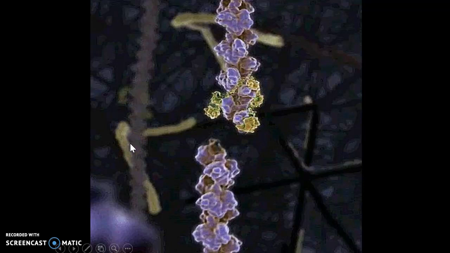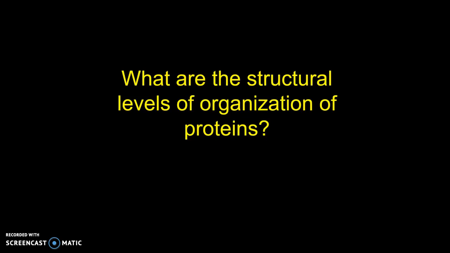So there are catalytic proteins. There are all kinds of different proteins, and pretty much all proteins have this primary, secondary, and tertiary organization.